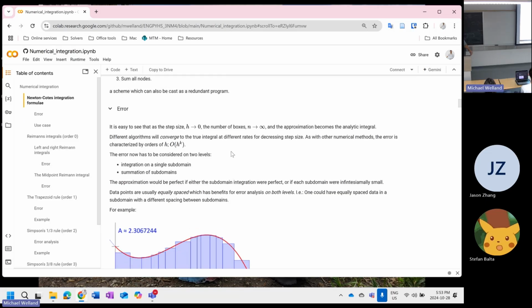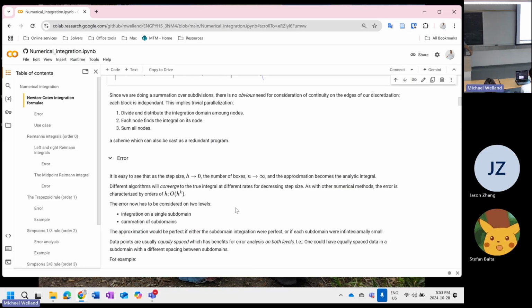The error has to be considered on two levels. This is a little bit different. The two sources of error are the integration of the approximate polynomial within a subdomain in the first place. If that were perfect, then you just sum all of those and you get the exact answer, right?